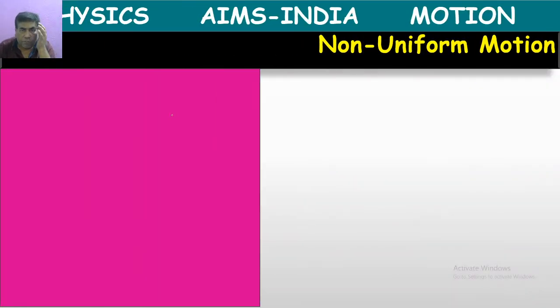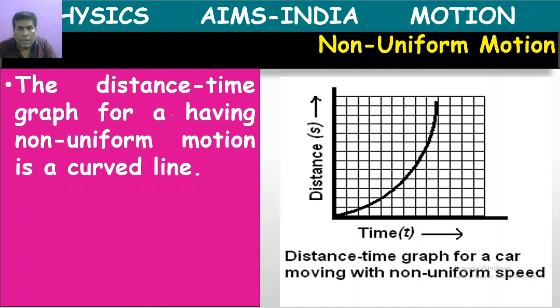Let's see the graph. The graph of a non-uniform motion will be a curved line or a zigzag line, but not a straight line. Why? Because in equal times it is covering unequal distances, or in unequal times covering equal distances.